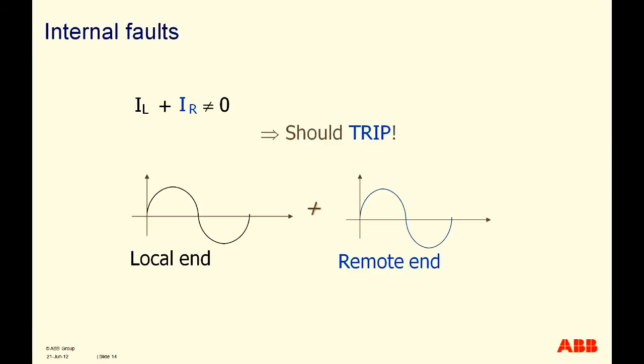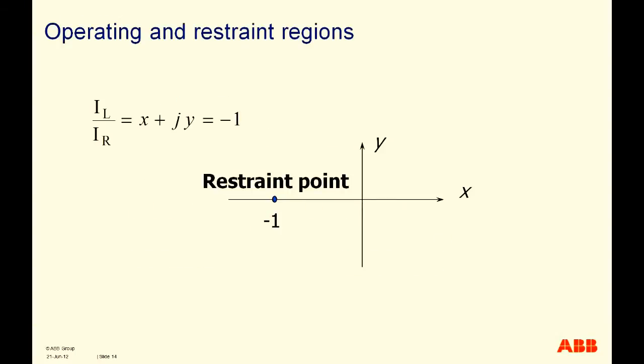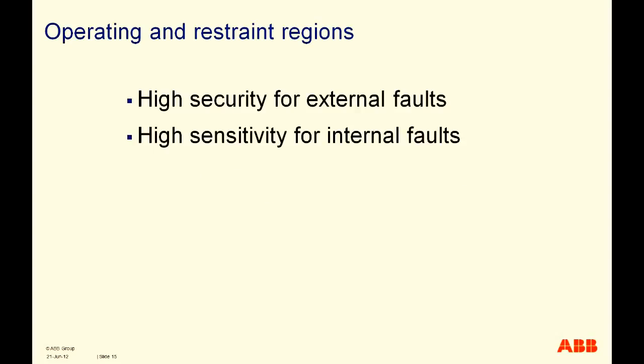They will add up to a certain value, and therefore tripping will occur. That was the ideal situation if the CTs behave ideally as per their characteristics. In the operating and restraining region, IL over IR would be -1, which is in the restraining point.